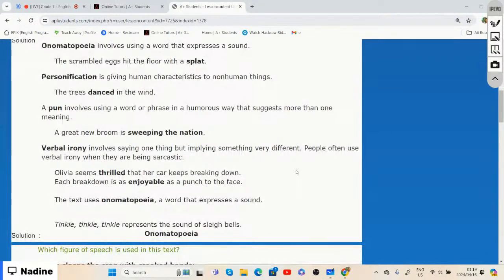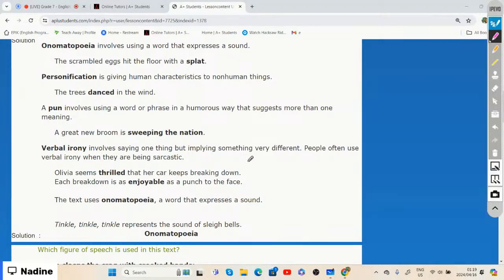All right, then we have a pun. A pun involves using a word or phrase in a humorous way that suggests more than one meaning.